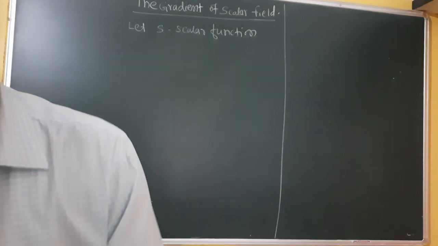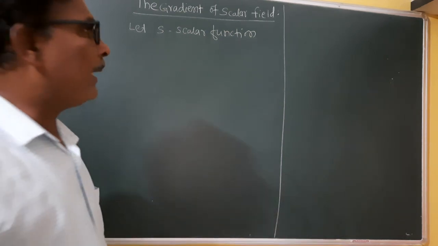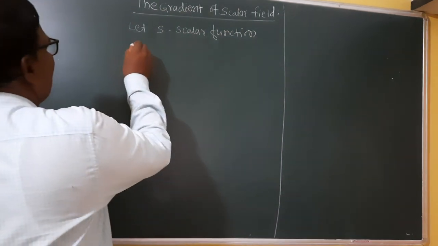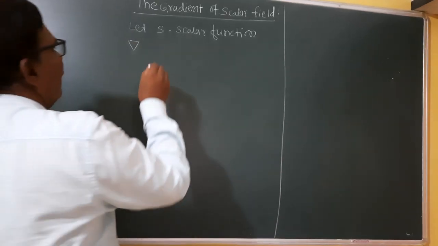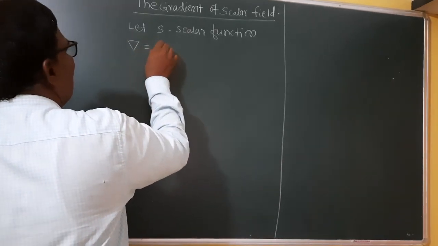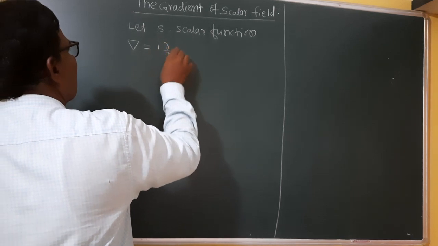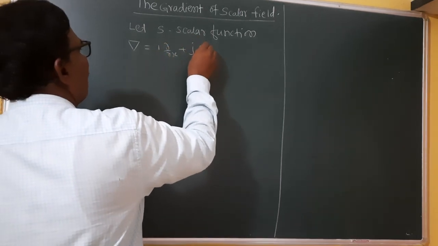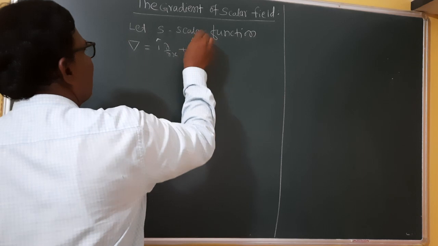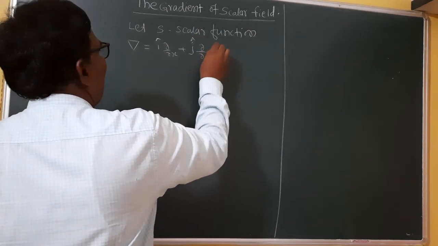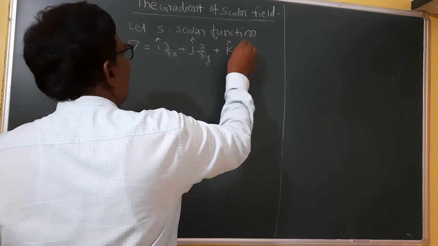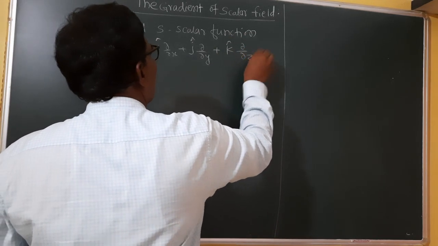The gradient is considered as del. Del is an operator and its value is i cap into dou by dou x plus j cap into dou by dou y plus k cap into dou by dou z, where i cap, j cap, k cap are the unit vectors.